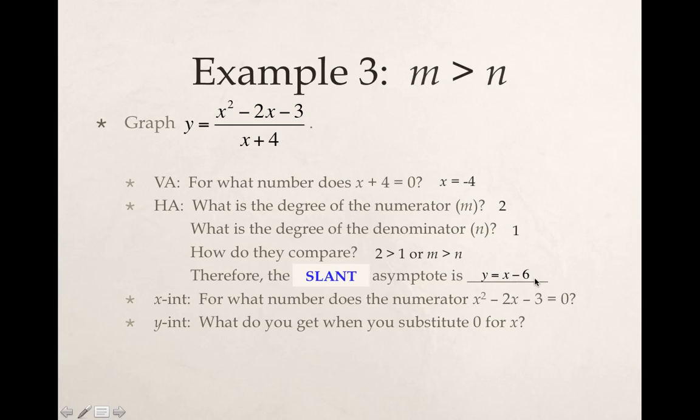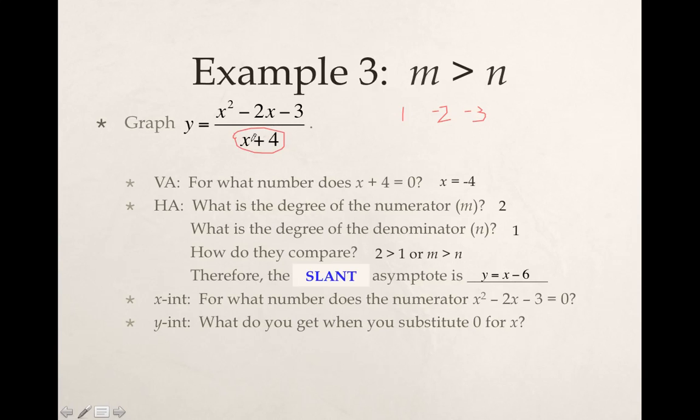Now, how do we get this y equals x minus 6? Well, we're actually going to divide this out. And because my denominator is linear, I can do this division using synthetic division. So I'm going to put the coefficients of my numerator, 1, -2, and -3 on the top.